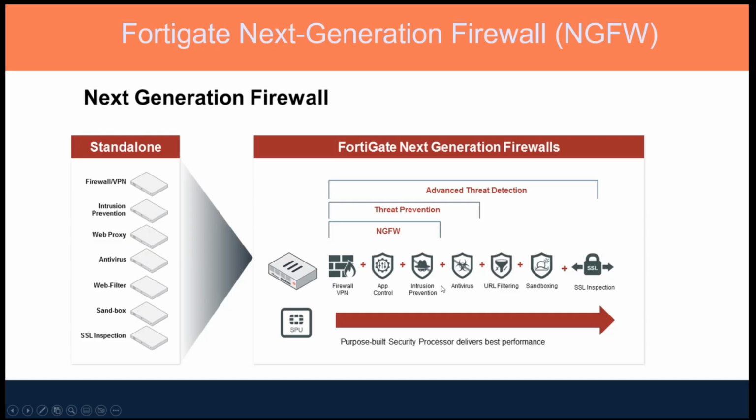There is another feature, antivirus. If any content being downloaded or uploaded is malicious or infected with a virus, it can be dropped or filtered through the antivirus feature of the firewall. There is another feature in the next generation firewall called URL filtering. Using URL filtering, you can control what types of websites should and should not be allowed in your organization.